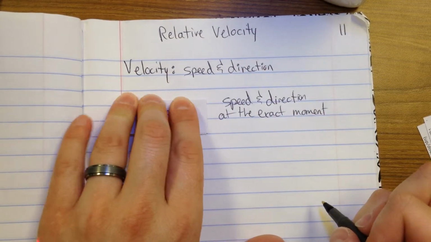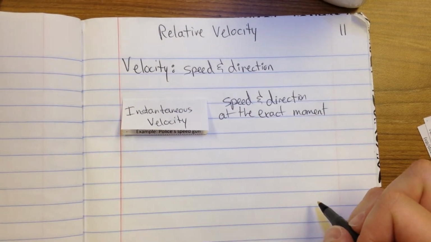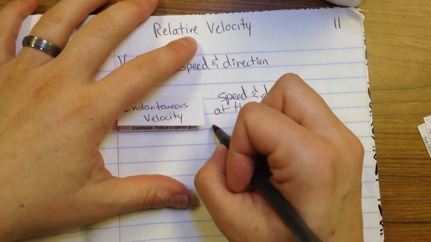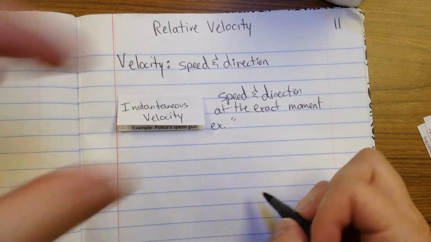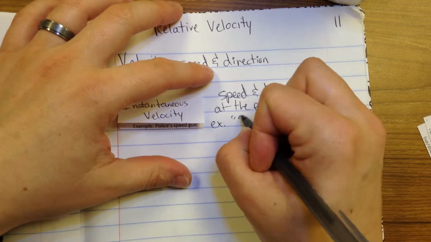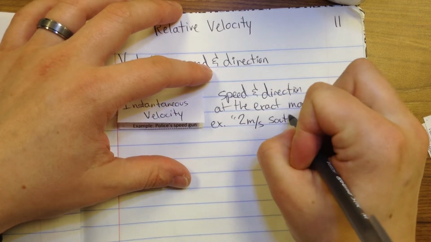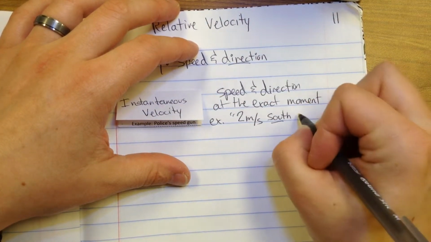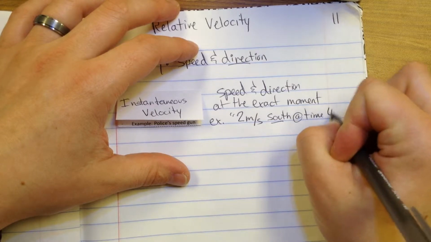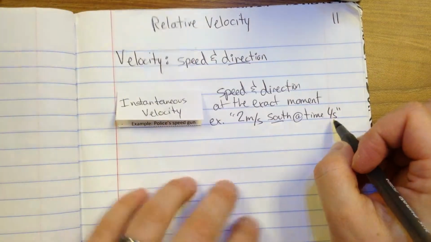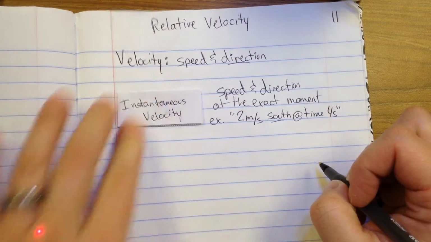So imagine you're doing some sort of lab or activity and you're measuring an object with a stopwatch. An example of instantaneous velocity would be to say that the car is moving 2 meters per second south. Okay, that direction there is south, at a time of 4 seconds. So when the stopwatch said 4 seconds, it was going 2 meters per second. Okay, that's an example of instantaneous velocity.